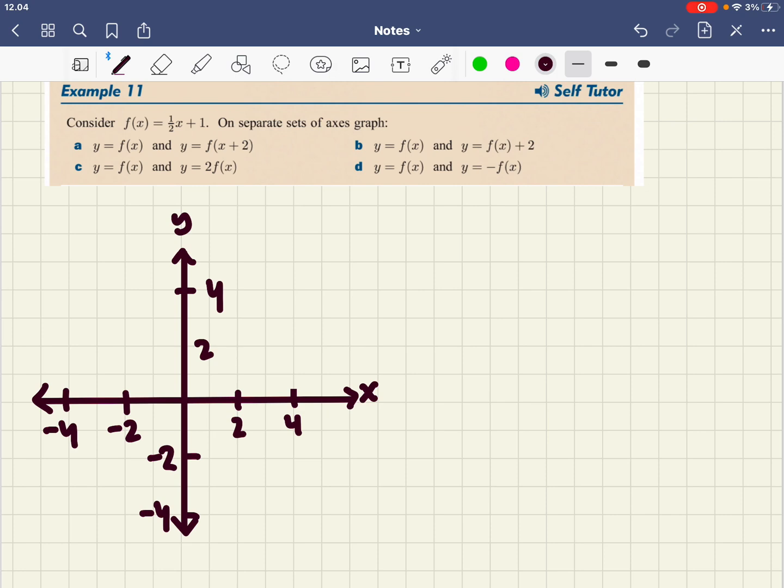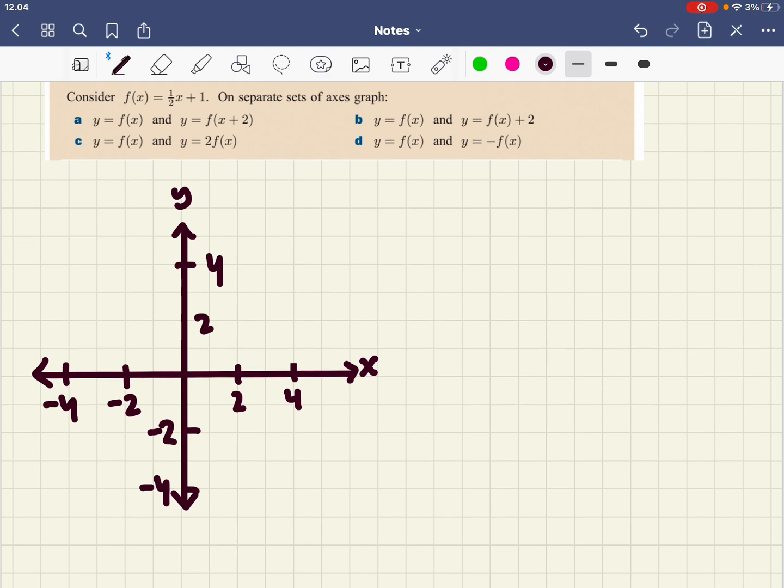So what you're going to do is this. They say consider f of x as 1/2 x plus 1, and then you're going to graph it, and then we'll do a transformation here. So f of x equals 1/2 x plus 1. I'm just going to start with 0, 1. That's my y-intercept. And I'm going to use my slope, 1 over 2. That is 2, 2.